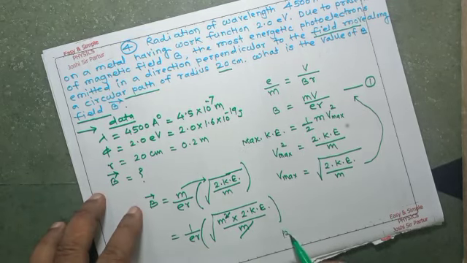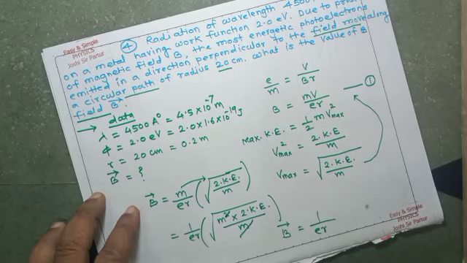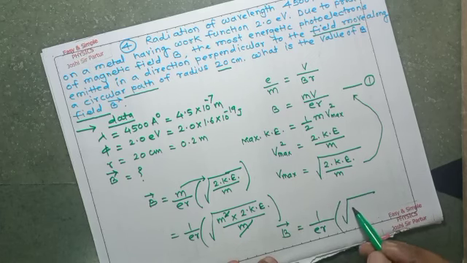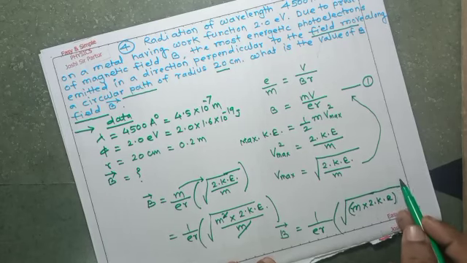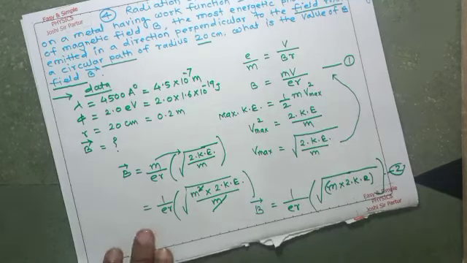So here the magnetic field induction is B equal to 1 upon eR times the square root of m into 2 times kinetic energy. Suppose this is equation number 2.